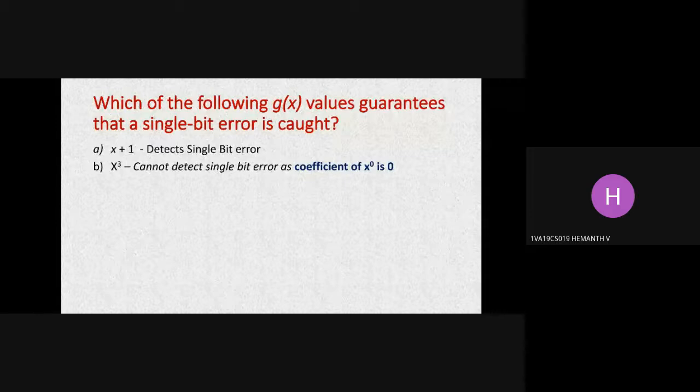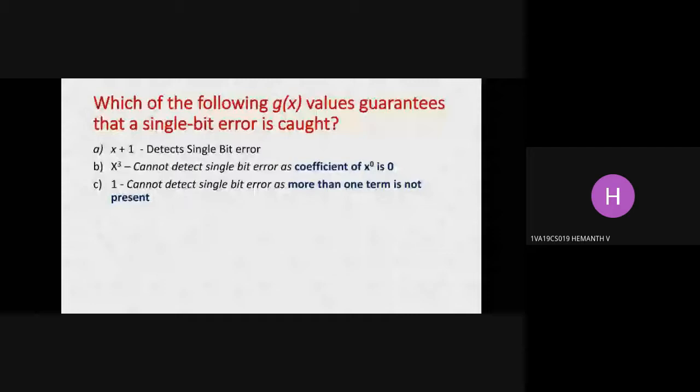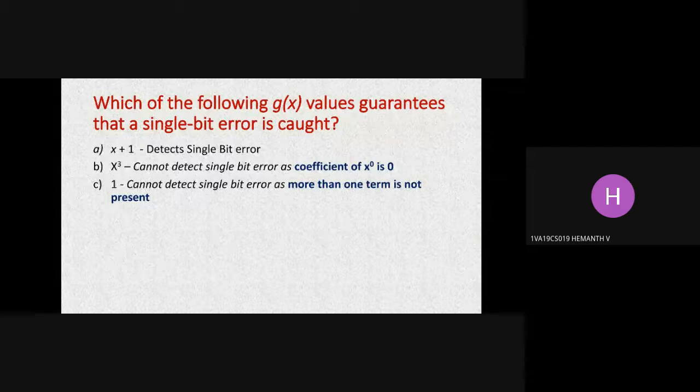The last one is 1. Obviously, this is not in the form of x plus 1 or something like that, so the third generator polynomial cannot detect a single bit error either, as more than one term is not present. That is how you can make the decision.